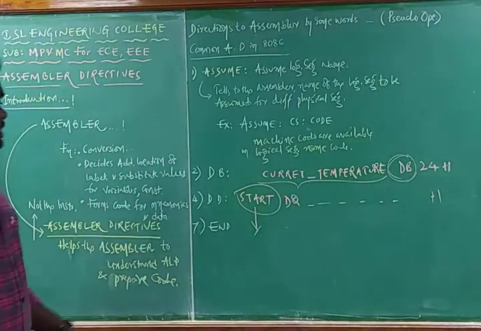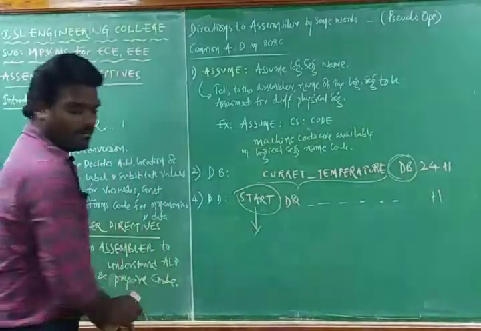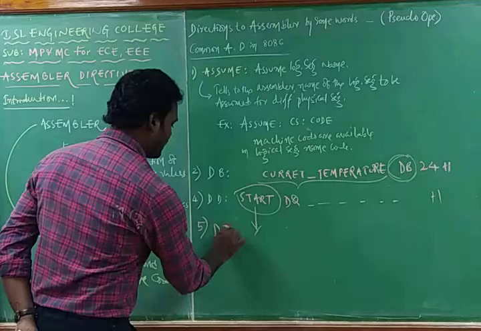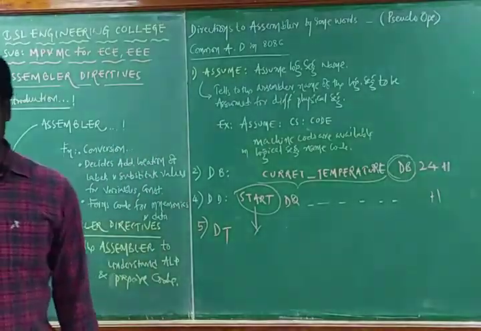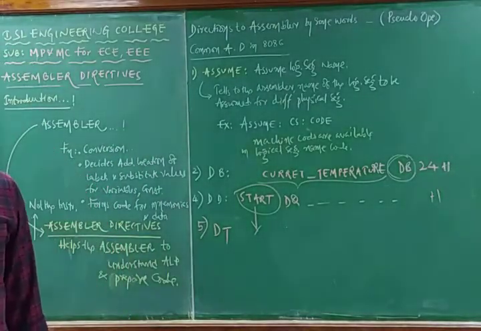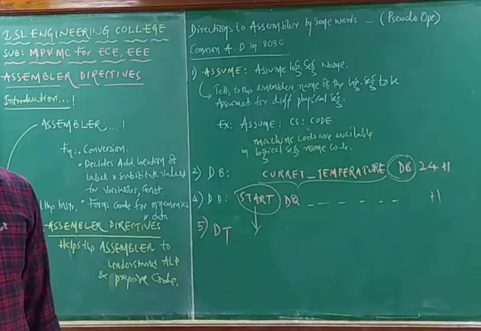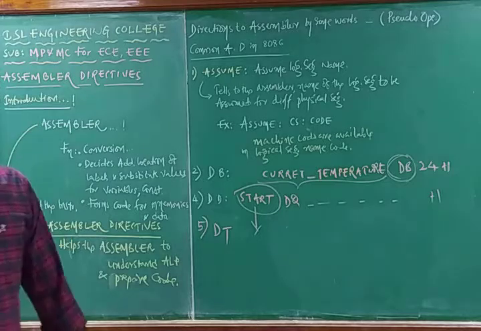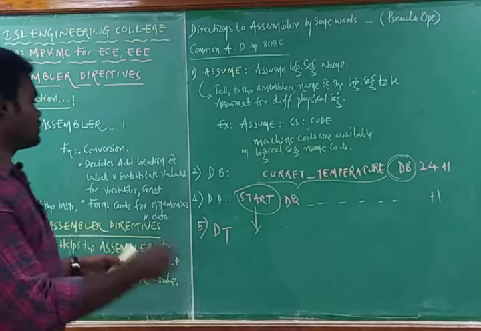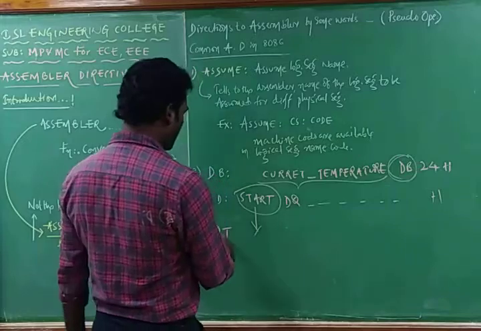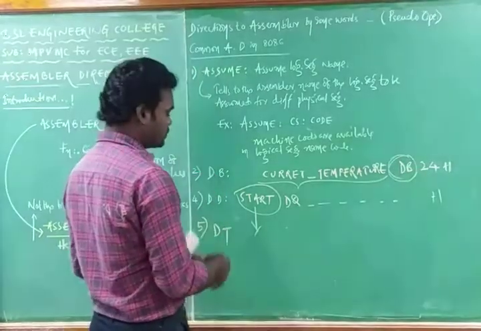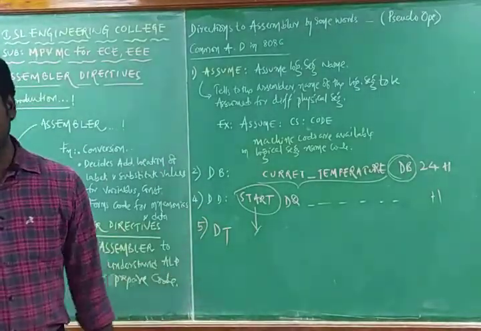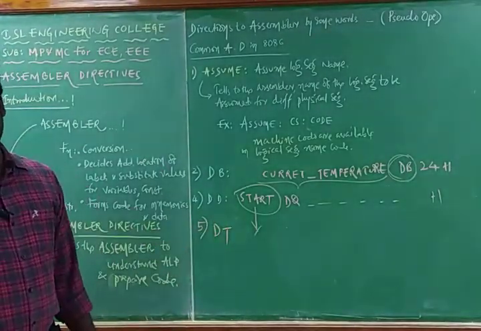Similar to that, the next one is define 10 bytes. We are going with the fifth one, define 10 bytes, which is represented with DT. This directive may be used in the case of variables facing heavy numerical calculation, and it directs the assembler to reserve memory of 10 bytes, whereas earlier it was 8 bytes.